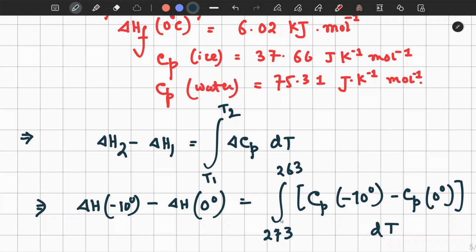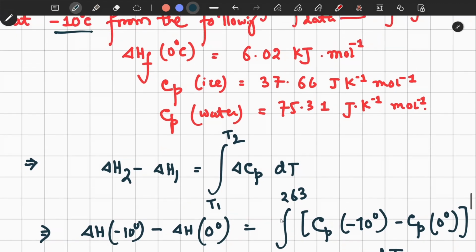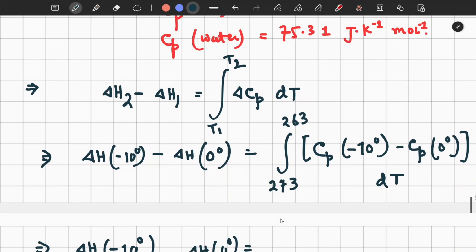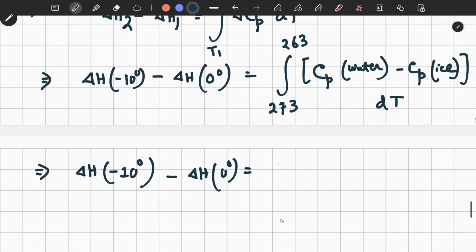You have to remember, fusion means ice to water, correct? Yes. And this is the delta H of fusion, correct. So delta Cp is for ice to water, because it is fusion. So it will be water and ice, final minus initial.